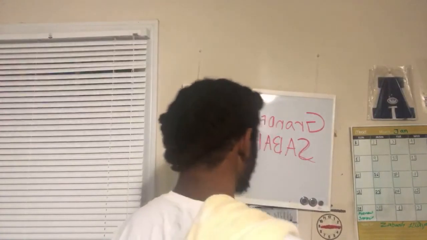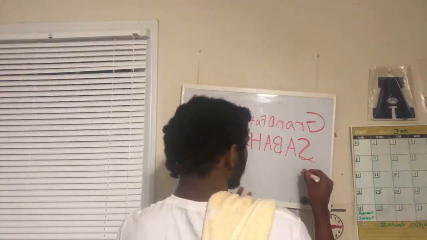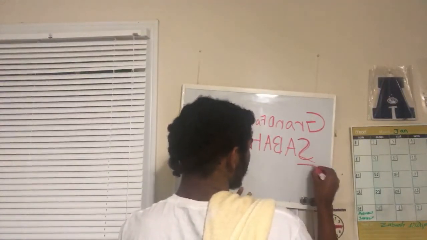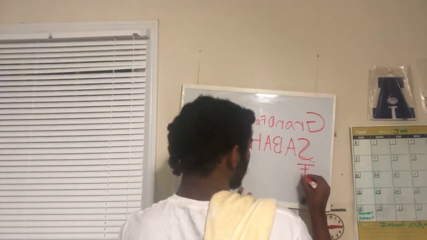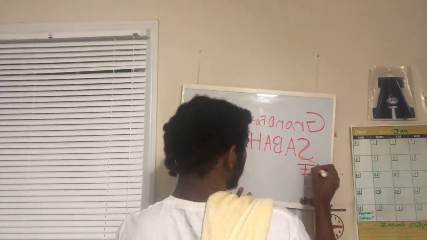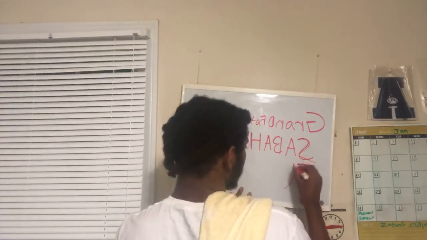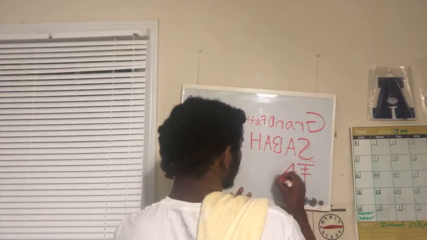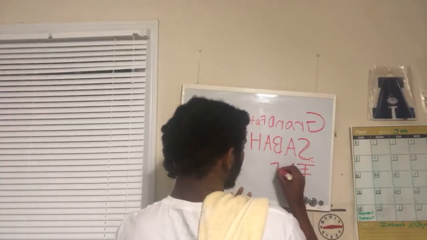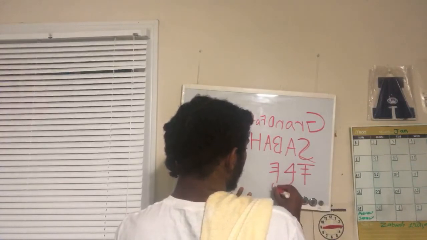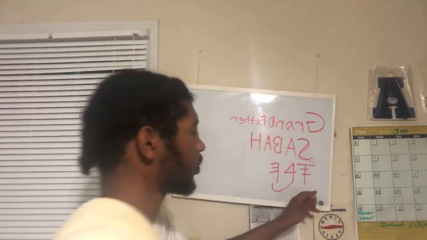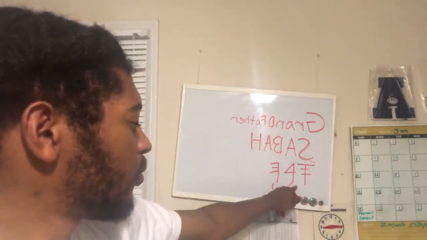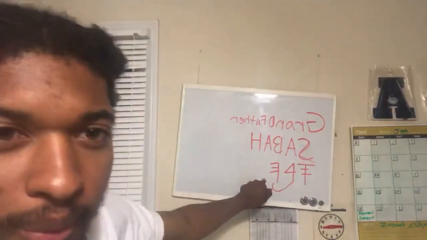The Hebrew characters for Sabah is Sa, Ba, Ha. So it's Sa, Ba, Ha.